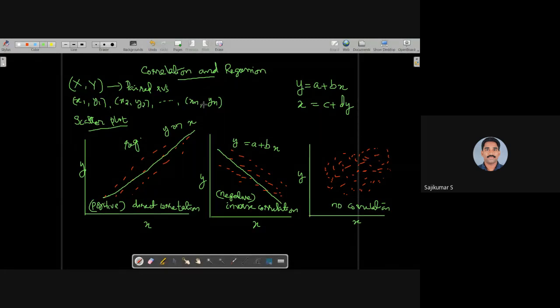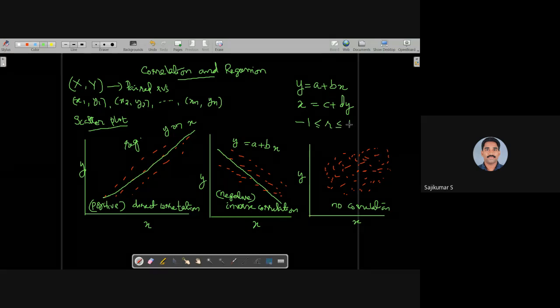We have a formula for computing the correlation coefficient, and this correlation coefficient is a number lying between -1 and +1. Using that number, similar to our probability computation, using this standardized measurement, we can see whether there is a positive correlation, a negative correlation, or no linear correlation. It depends on the value of r. What is r? r is called the correlation coefficient.